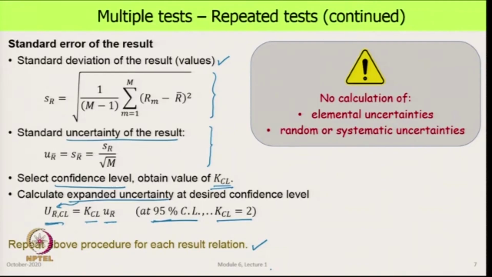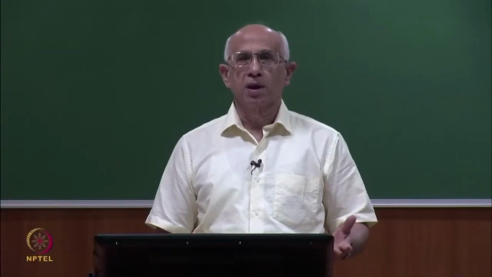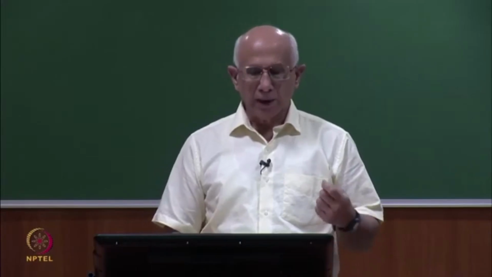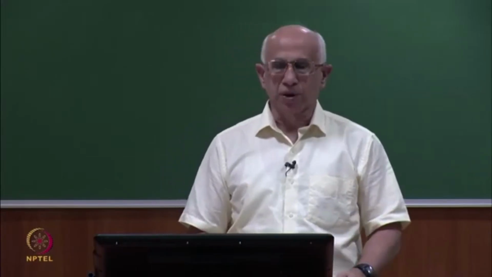So, a word of caution here is that, as we have mentioned, we are not calculating the elemental uncertainties. We are not calculating the random or systematic uncertainties. In a way, this makes life easy. We did not get into the nitty-gritty details of that, but by just doing the experiment over and over again and getting just the mean value in each case, we were able to establish the mean value of the result and its uncertainty.